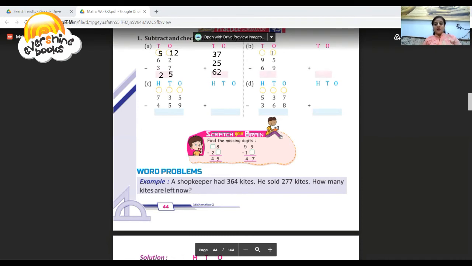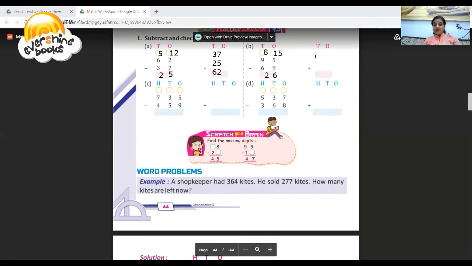5 minus 9 is not possible. So here it becomes 15 because 9 has given one number, that becomes 8, because 1 is less from the number 9. So 15 minus 9 is 6 and 8 minus 6 is 2. Answer will be here 26.